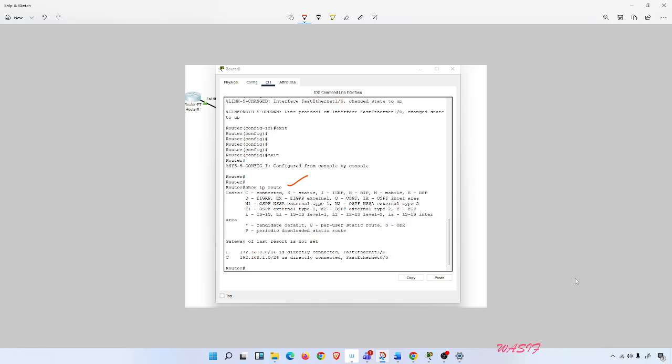So this is a directly connected interface, and this is directly connected to this interface. So what happens, just remember these two.